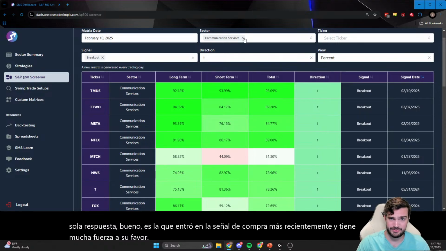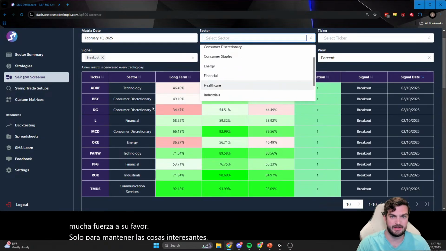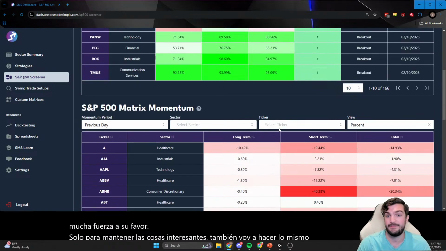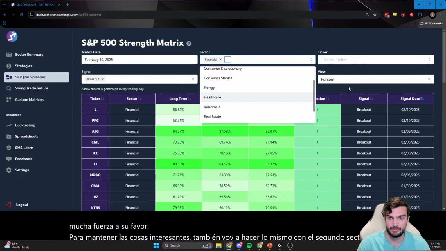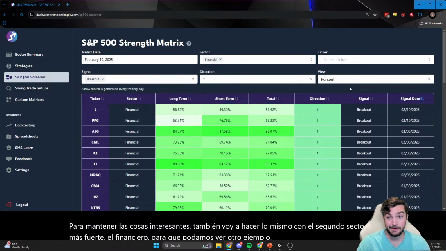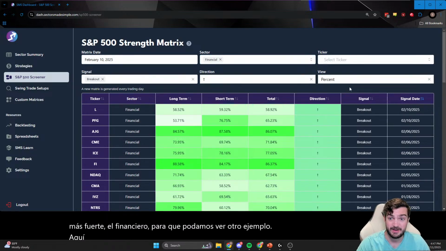Just to keep things interesting, I'm going to also do the same thing for the second strongest sector, financials, so we can see another example. Here, things get a little bit more interesting. And this is where we start to get into a little bit of fun.